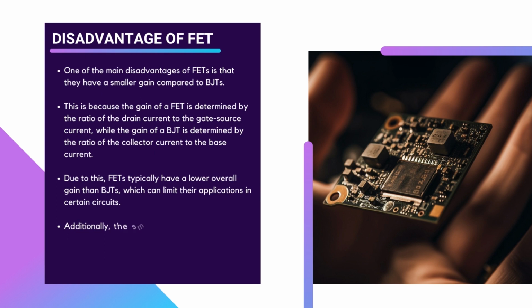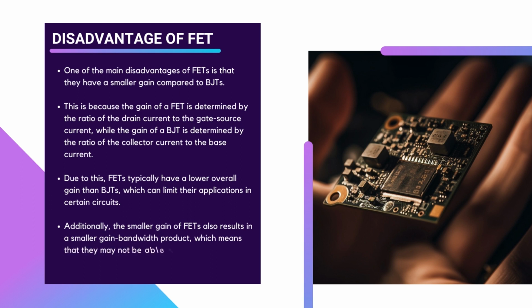Due to this, FETs typically have lower overall gain than bipolar junction transistors, which can limit their application in certain circuits. Additionally, the smaller signal gain of FETs also results in a smaller gain bandwidth product, which means that they may not be able to handle high frequency signals as well as BJTs.